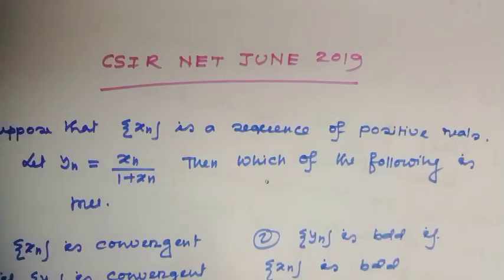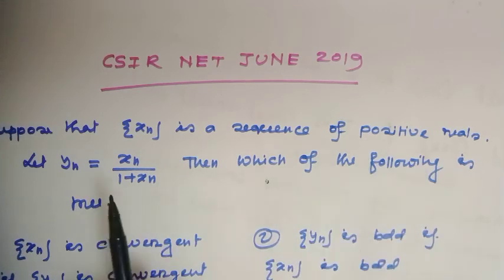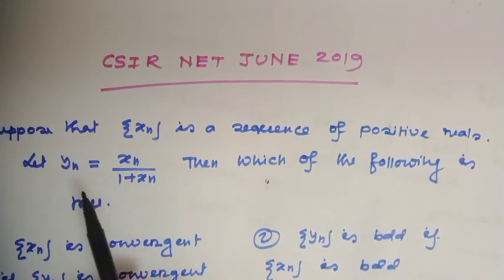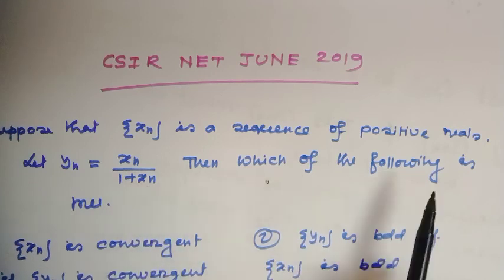Okay, let's see one question of CSIR NET based on this property of sequences. Let's first read the question. Suppose xn is a sequence of positive real numbers and let yn equal to xn over 1 plus xn, then which of the following is true?